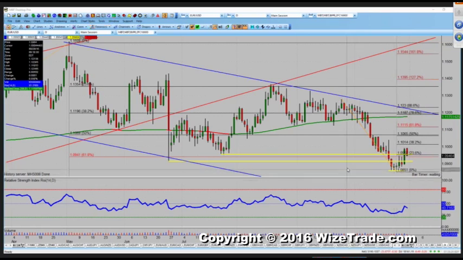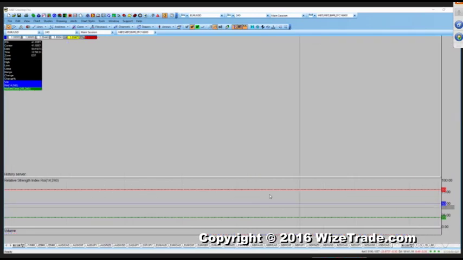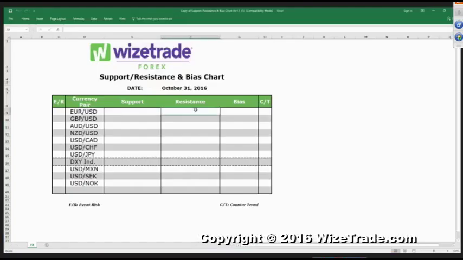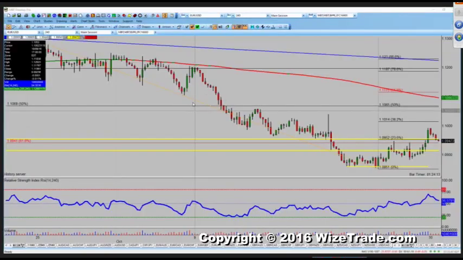The 38% retracement is 110.15. So let's write that down for resistance today, 110.15. It's a 38% retracement of this move down, so 110.15 will be resistance.